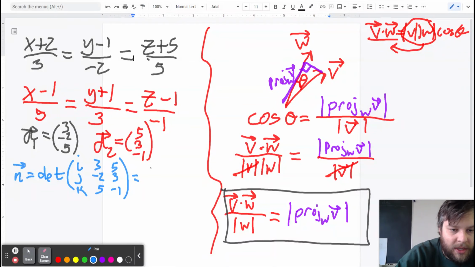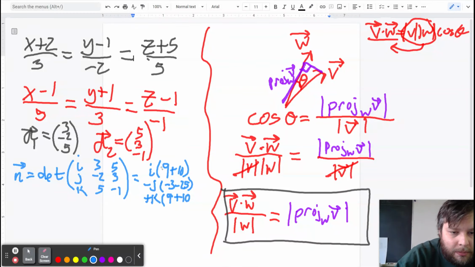So that's going to give me I times 9 plus 10, minus J times -3 minus 25, and then plus K times 9 plus 10 again. Oh, okay, I did my I component wrong.